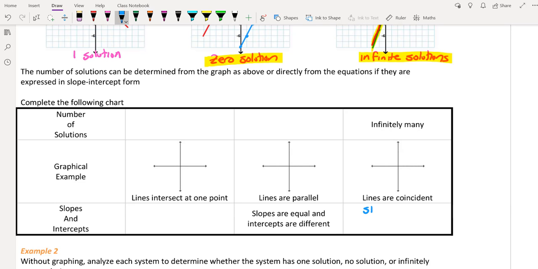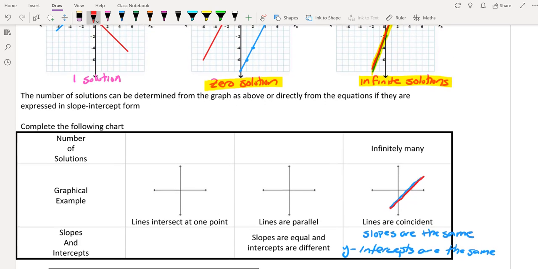So the property we're looking for with infinite solutions is that the slopes are the same and the y-intercepts are the same. What this basically means is that the lines are overlapping each other, and essentially they are the same line. Just one is a multiple of the other, multiplied by a constant.